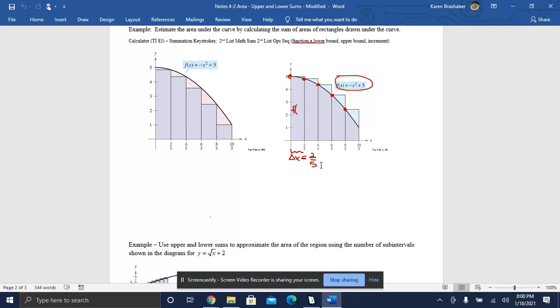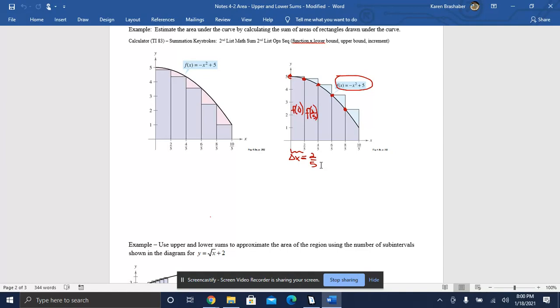But the height, although each one of these rectangles is going to be based on this function, I can't say that this first rectangle is f of 2/5 because it's not. This one is actually f of whatever is going on when x is 0. So it's f of 0. Then my next one is f of 2/5.